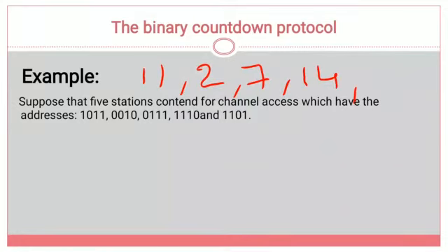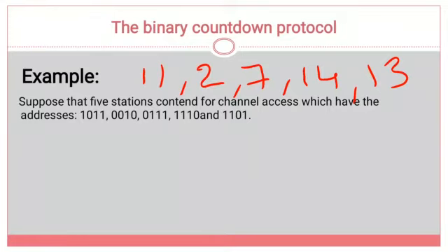Next one is 13. So we have 5 stations, 11, 2, 7, 14 and 13, now in the contention window, that means ready to transmit a packet. Now we need to write down the binary addresses of these 5 stations.